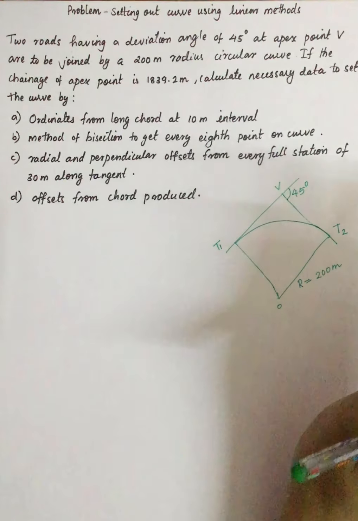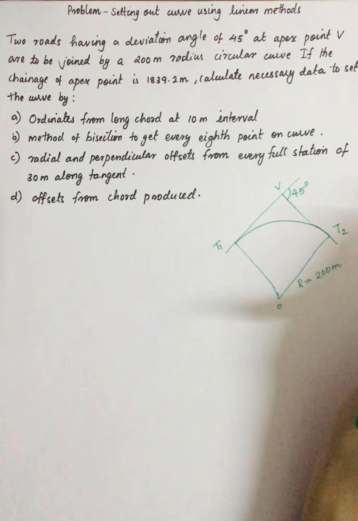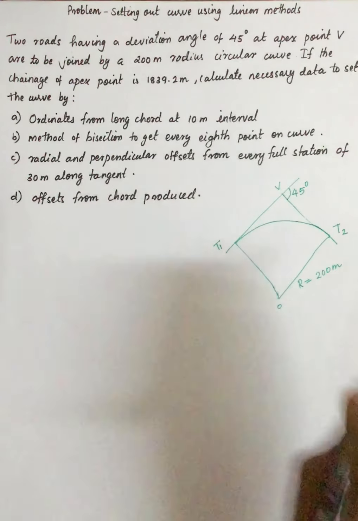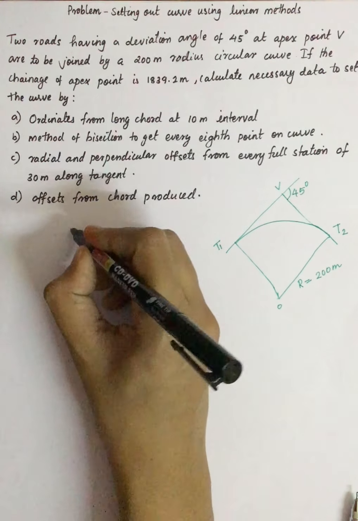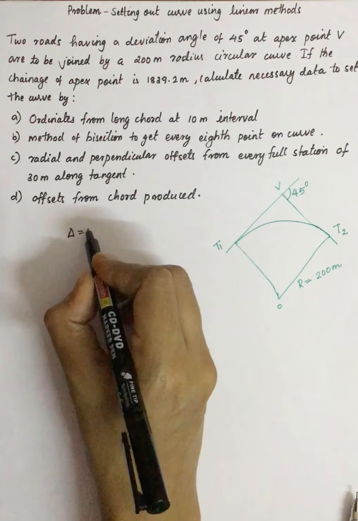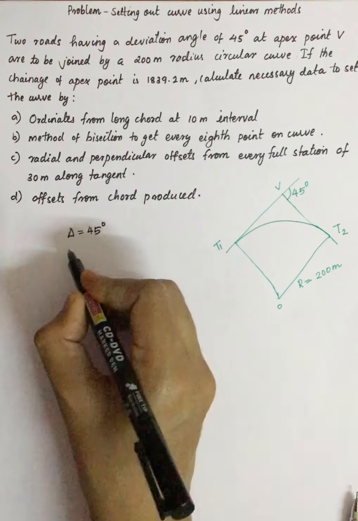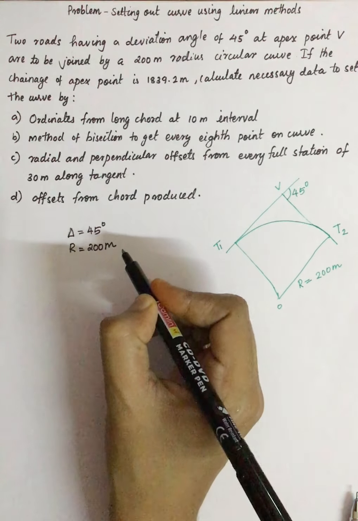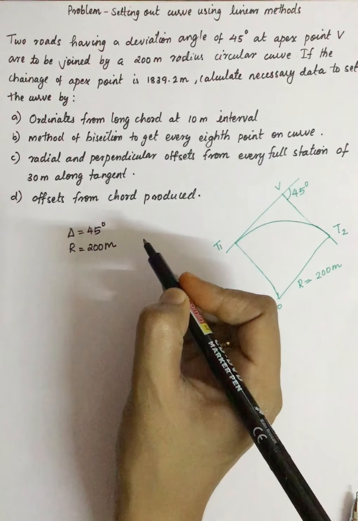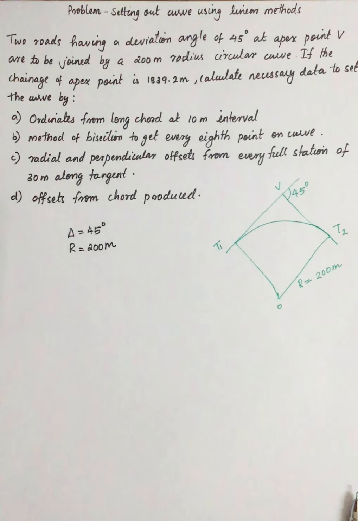Now the very first step is you need to calculate the elements of this circular curve, right? So using this delta, how much is delta? Delta is 45 degree, R is 200 meters. Using these parameters, you need to calculate other elements of the curve.